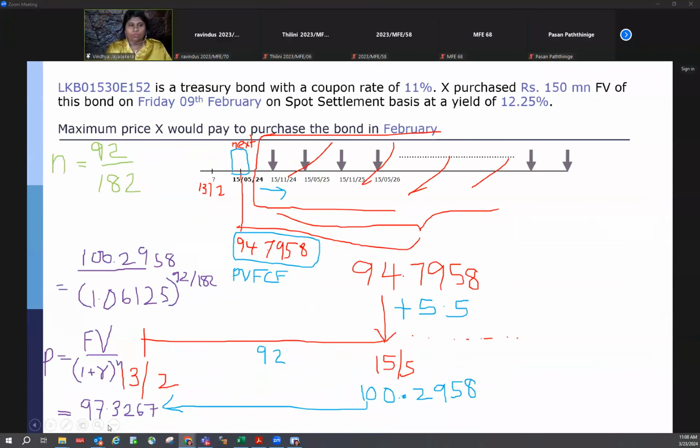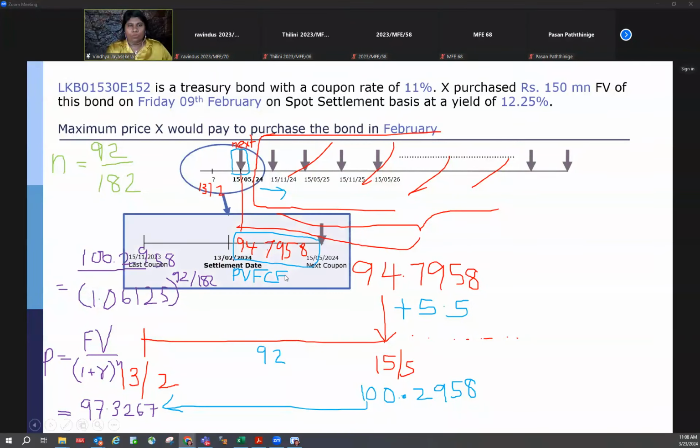Okay, so now let me ask you the second question. I'll confuse you a little bit even more, right? This 97.32, now what have we done? We've taken this coupon and that whole thing and discounted it to settlement date.